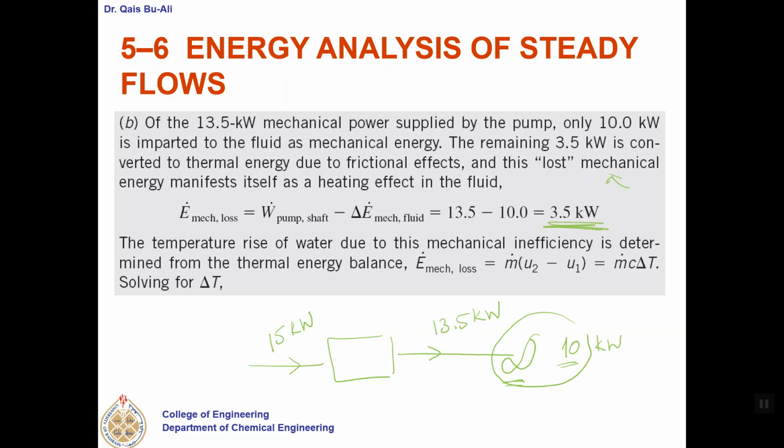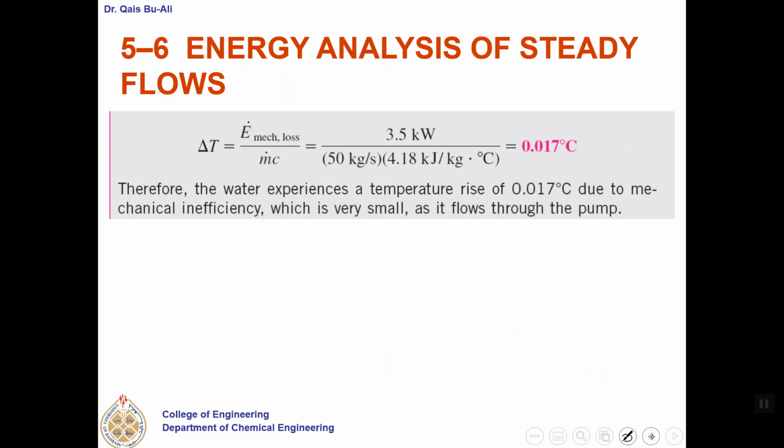The temperature rise of water due to this mechanical inefficiency in the pump is determined from the thermal energy balance. So E mechanical loss is equal to M times delta U, which is M C delta T. When we solve for delta T, delta T is equal to the 3.5 kilowatts, which is the mechanical loss, divided by M C, which is this.